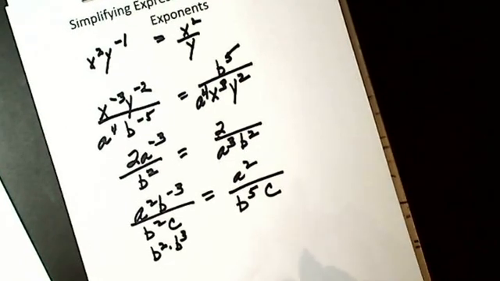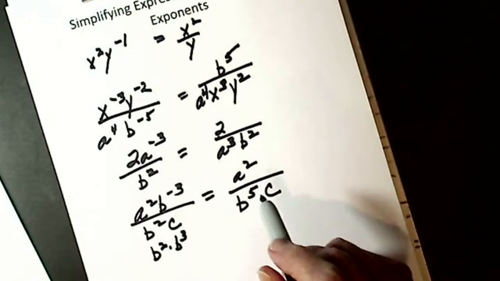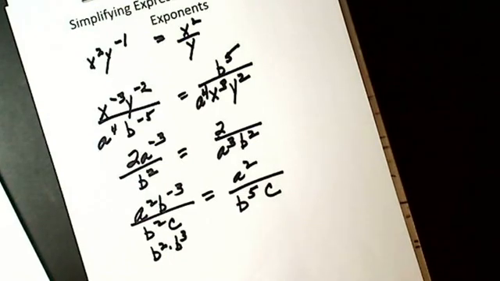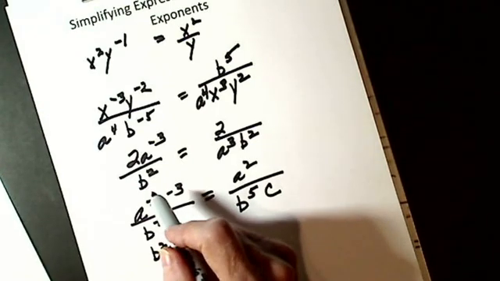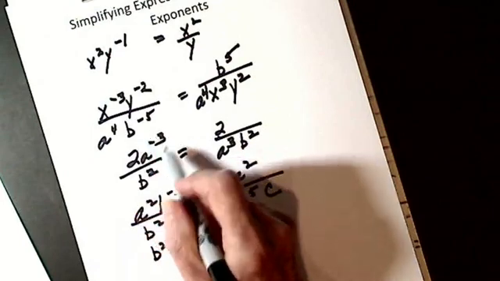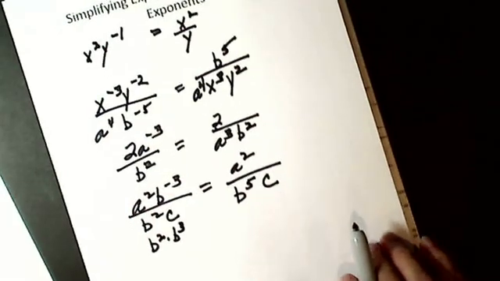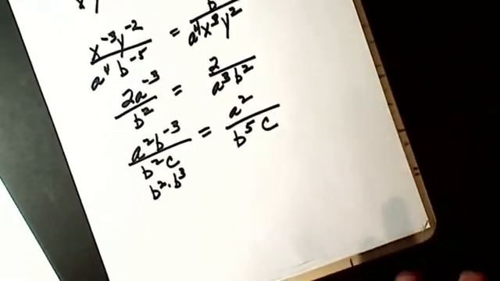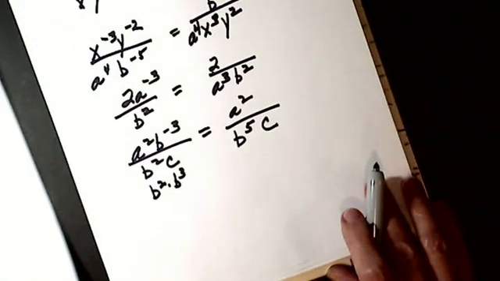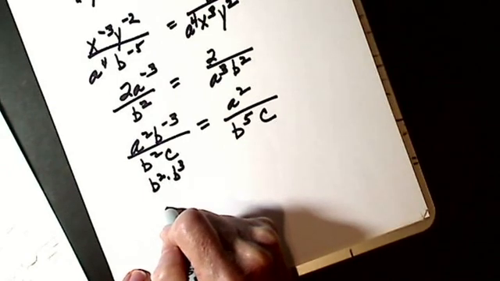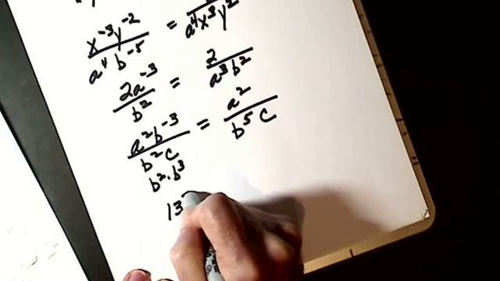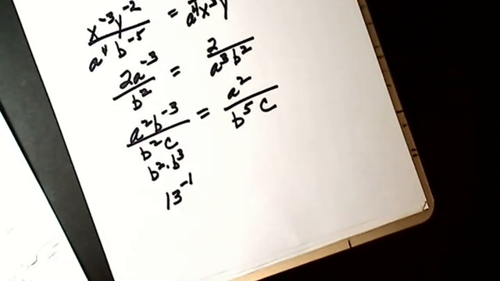So if I have a negative exponent in the numerator, to make it positive, I put it in the denominator. If I have a negative in the denominator, to make it positive, I put it in the numerator. So just to make sure, because sometimes people go with big ones and not little ones, let's say I wanted to convert this to positive, 13 to the negative 1, and I wanted to write it as a positive exponent.